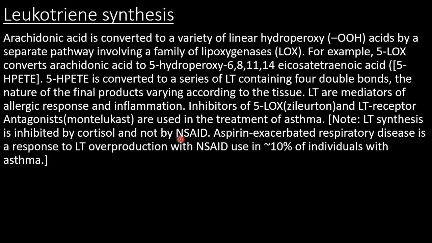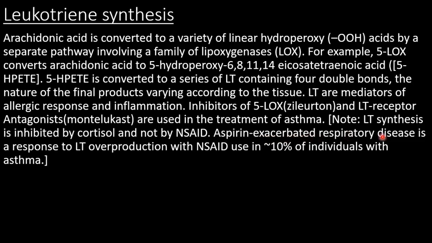So if you want to inhibit that, you can inhibit the release of arachidonic acid from the membrane phospholipids by use of cortisol, which will inhibit phospholipase A2. Now, in about 10% of individuals with asthma, once they take aspirin, the respiratory disease is usually exacerbated.